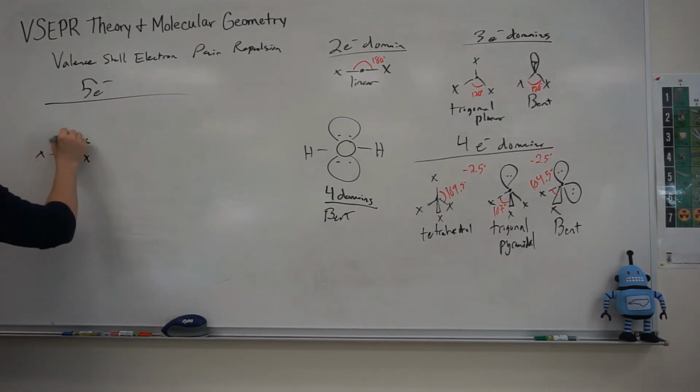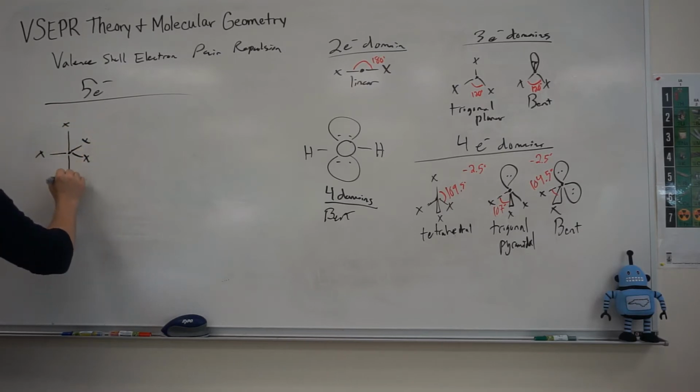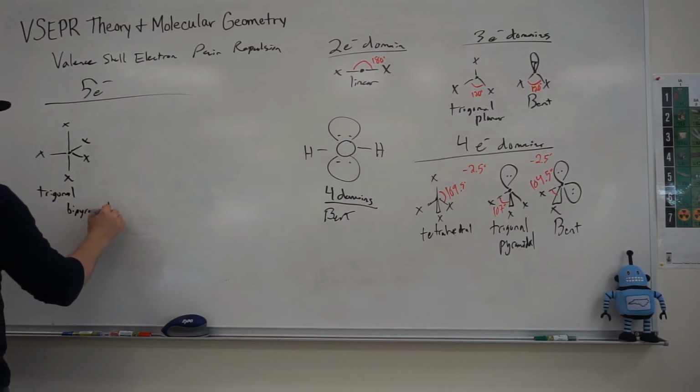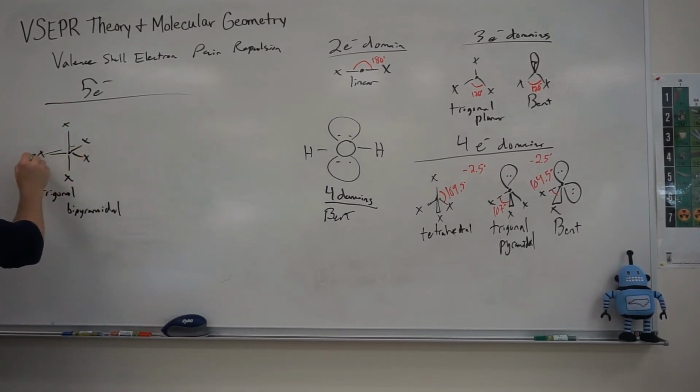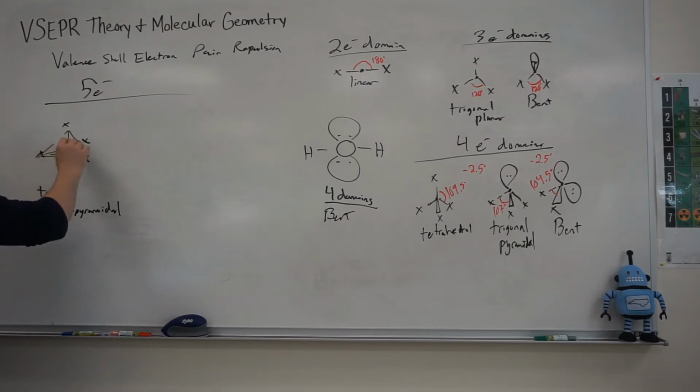The first one here is called trigonal bipyramidal. It's called bipyramidal because it's 2 pyramids stacked on top of each other. If you notice here, there's a triangle, and so you have your pyramid up on top, and then you have another pyramid on the bottom. So there's two pyramids stacked together. That will be the first one.